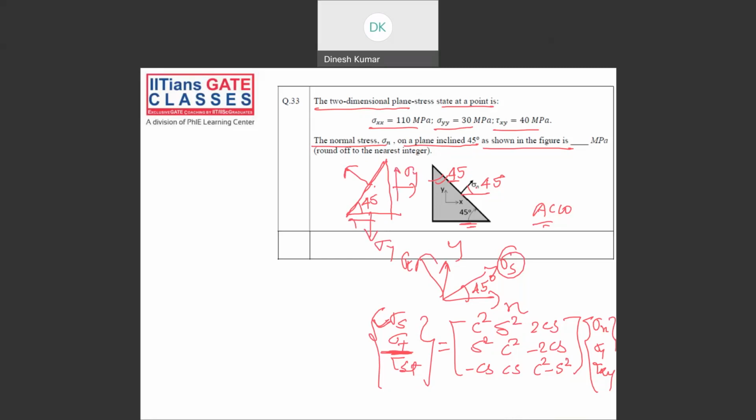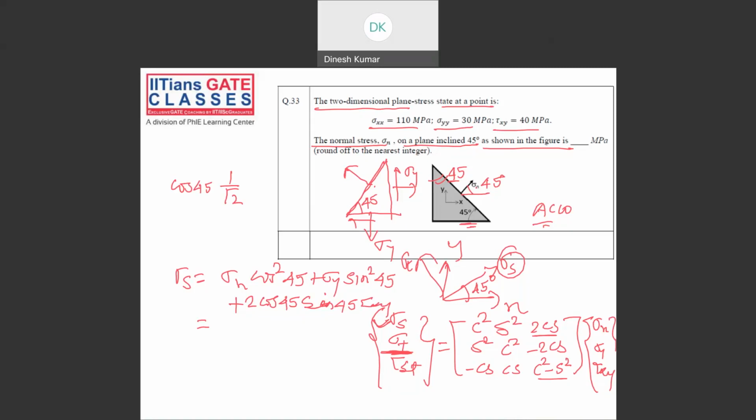Now, if you want to find sigma s, which is asked here, it is sigma x cos square 45 plus sigma y sine square 45 plus 2cs, which is 2 cos 45 sine 45, times tau xy. Now we know cos 45 is 1 by under root 2. And what is sine 45?